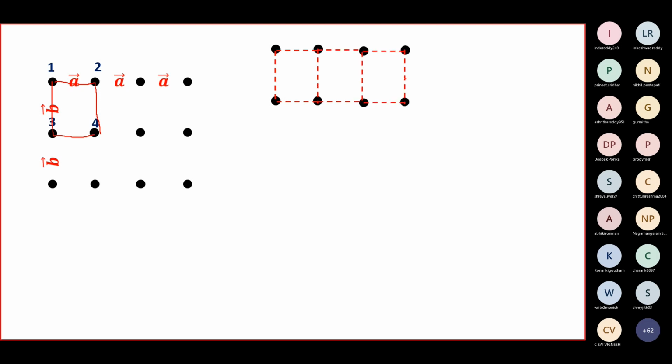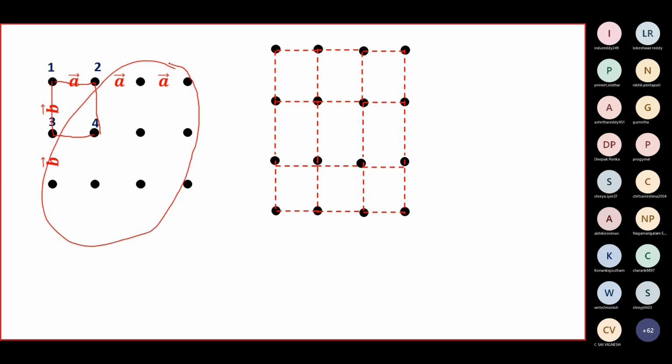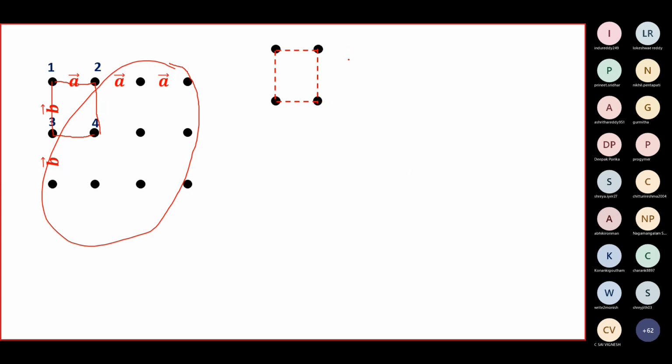See here, I'm just repeating this unit. What did I get? Whatever I got by considering single atoms, I got here by considering the smallest unit of this lattice. I call this part the unit cell of this lattice.